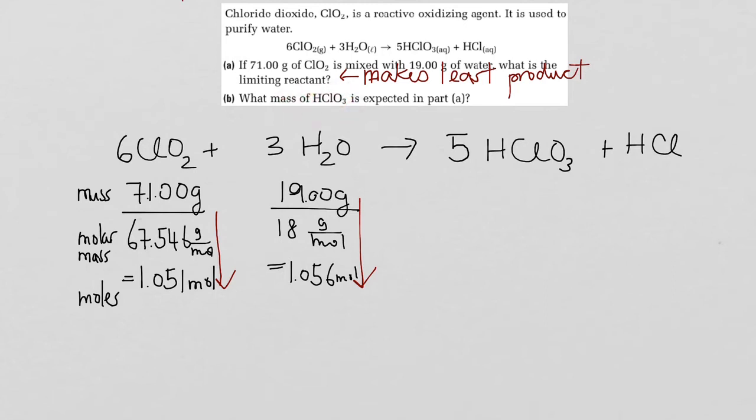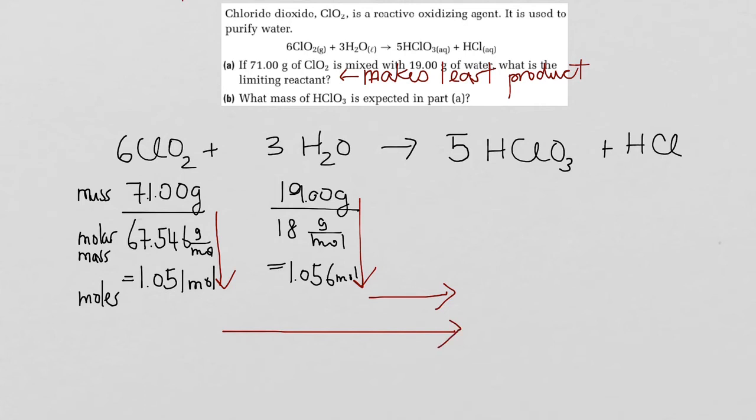So if we calculate for HClO3 here, then we can save some steps in part B. So let's do that. So we'll calculate how much HClO3 this amount of water allows us to make, and how much HClO3 this amount of ClO2 allows us to make.